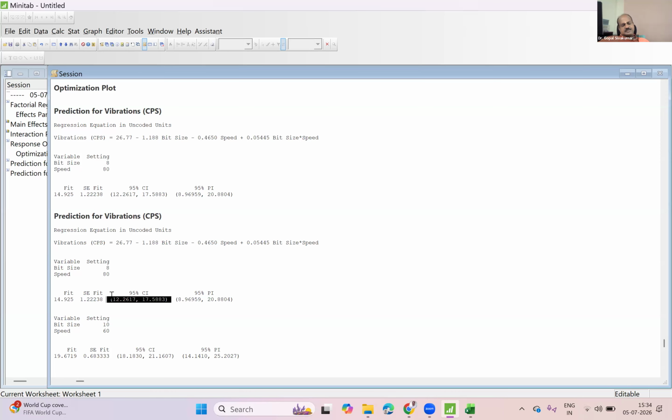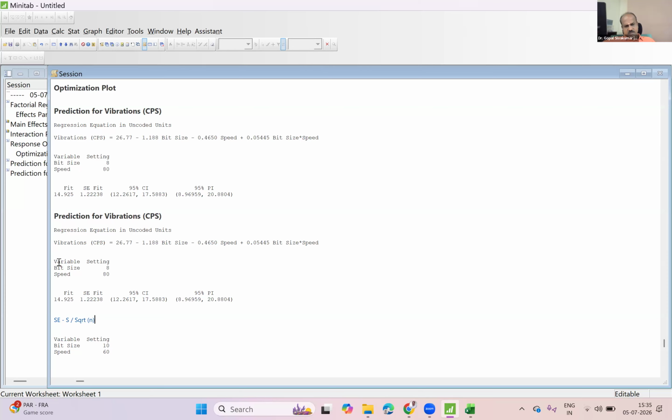So standard error is nothing but the standard deviation of sample averages, or otherwise, standard error is nothing but S by square root of n, where S is the standard deviation of the data.